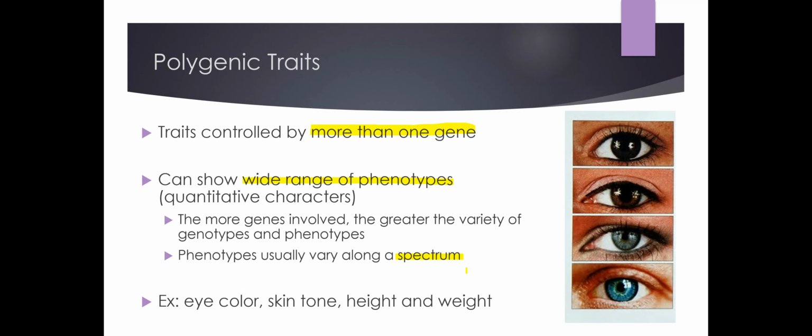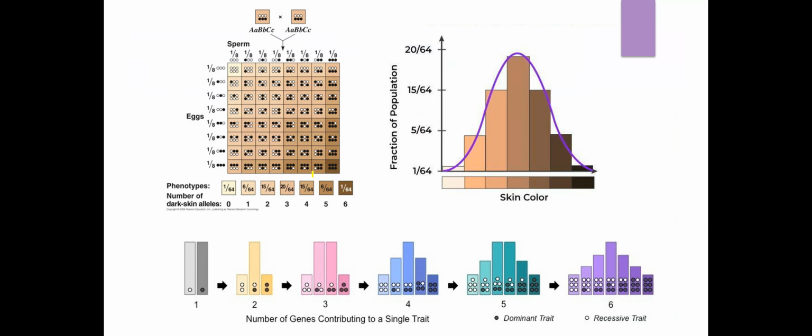You have the shortest to the tallest and every height in between. You have lightest to darkest and all different colors in between. So normally what you see with polygenic traits is a spectrum or a range, okay? So this is an example of skin color. You can see you have very, very fair skin all the way to darker skin and many different shades in between. And then the more genes that control it, kind of the more varieties that you're going to have.